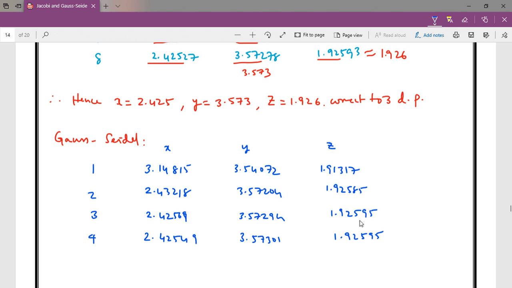Okay. See, z has been already converged. It is 1.92595. Whereas y value is also 3.573 we can take, and this also we can take as 2.425.